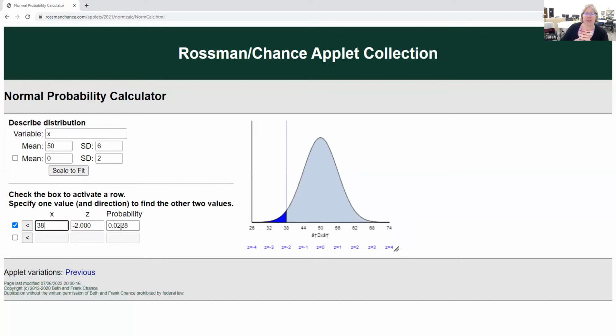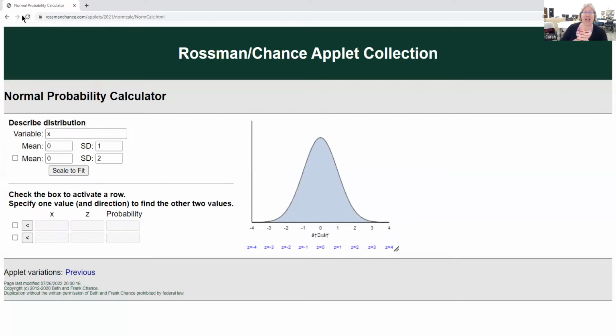And then if 50,000 batteries are produced, how many would we expect to replace? So we'll take this 0.228 and multiply it by 50,000. And that tells me that they're going to expect to replace about 1,140 batteries.